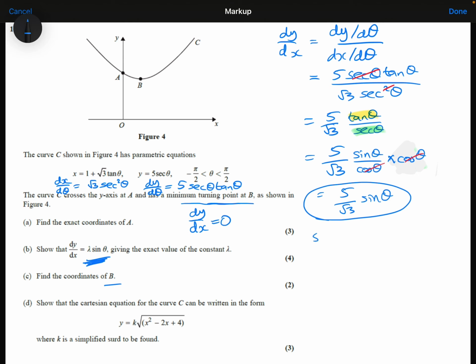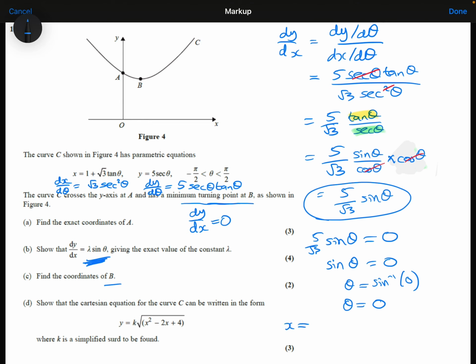So when does 5 over root 3 sine theta equal 0? Well, it doesn't matter about the 5 over root 3. Sine theta has to equal 0. So therefore, doing sine inverse on both sides, I find that theta would have to equal 0.